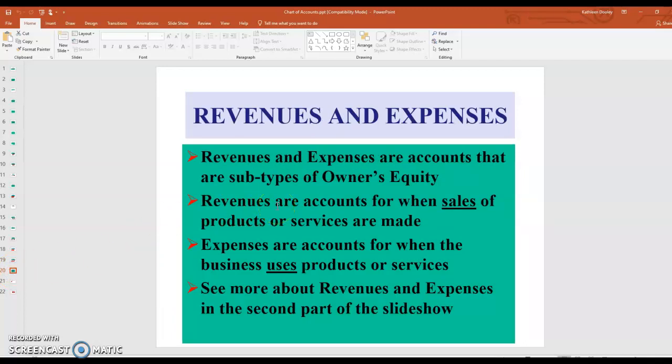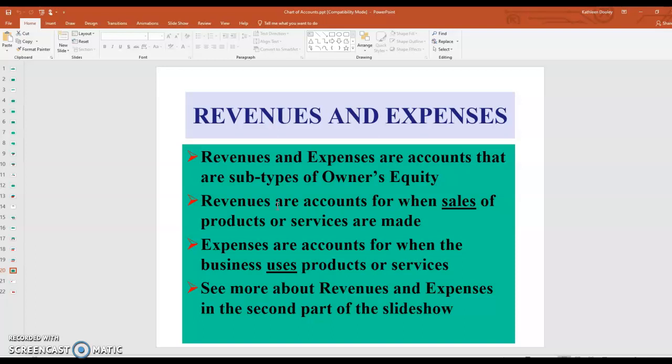Okay, now we talked previously about there being 5 types of accounts in the chart of accounts. And the first 3, assets, liabilities, and owner's equity accounts, are the 3 major types. Now, revenues and expenses are subtypes, which are attached to owner's equity.